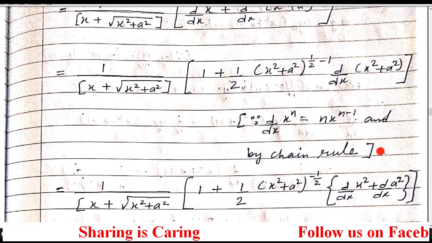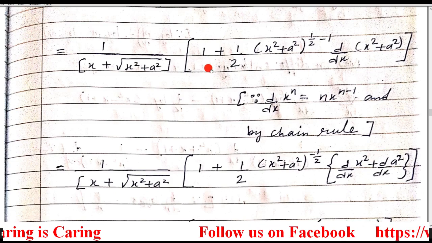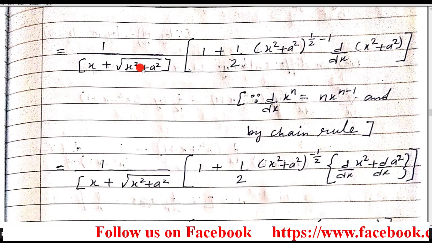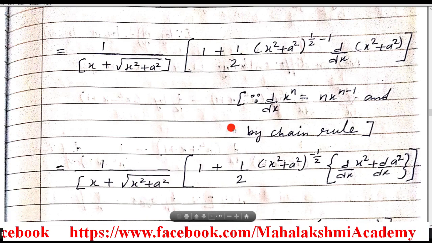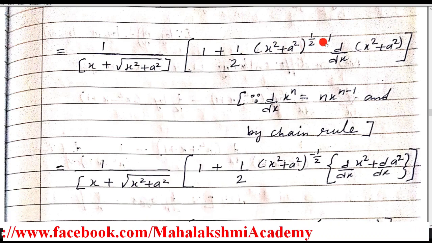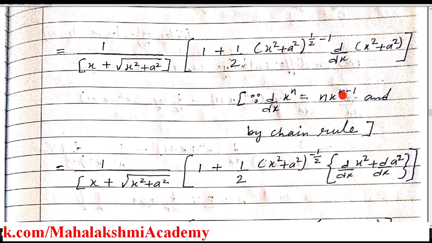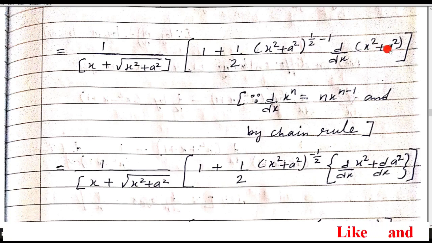Now when we move further, this 1 upon x plus root x square plus a square we write as it is. This 1 I wrote as it is. Here half minus 1 is minus half. Now the derivative will distribute to x square as well as to a square. That's why this step came.